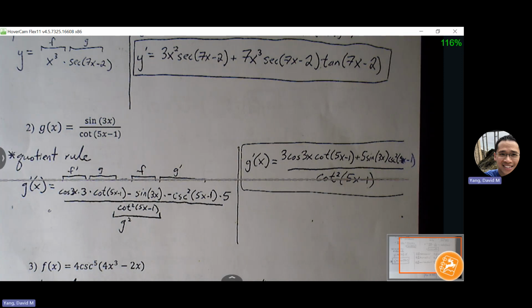Okay, but number three, we definitely want to see those brackets so we can clearly identify the need for chain rule, right?